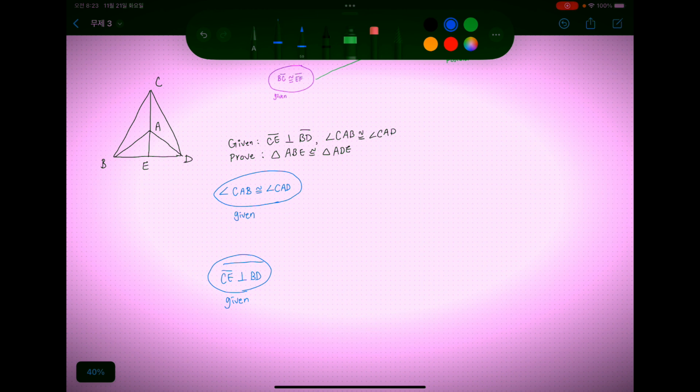okay. So, because CAB is congruent to CAD, right? And we know that CE and BD are perpendicular. This is a straight line, which means BAC and CAB are supplementary, and CAD and DAE are supplementary.